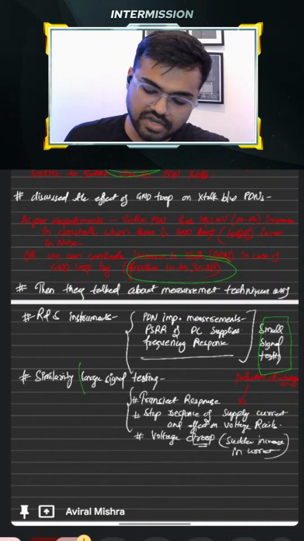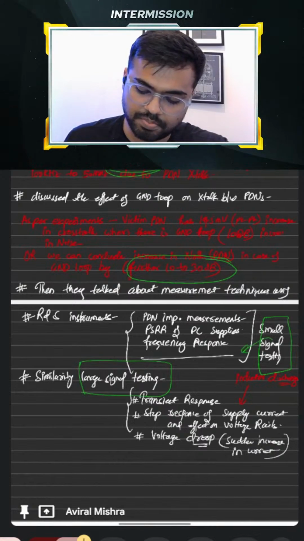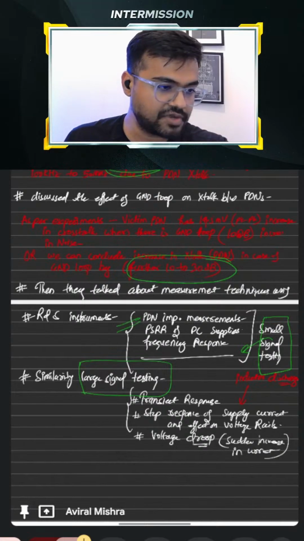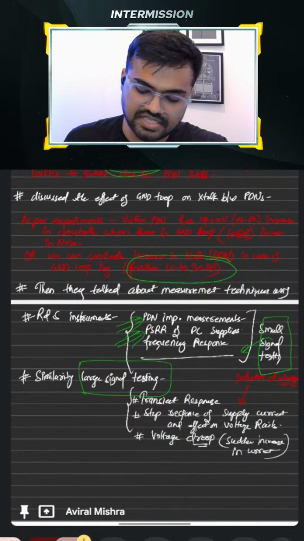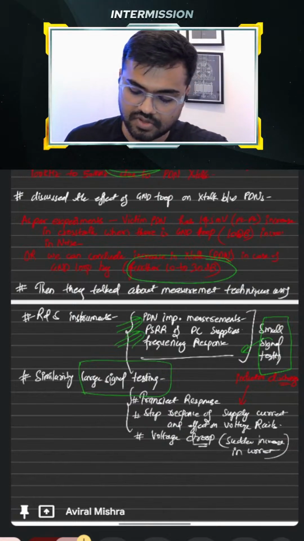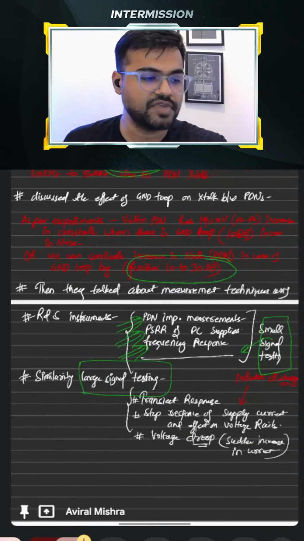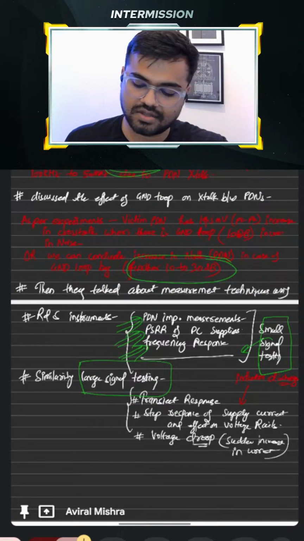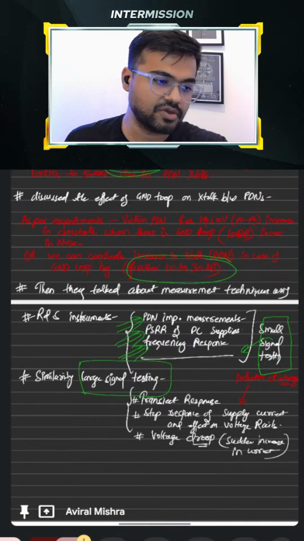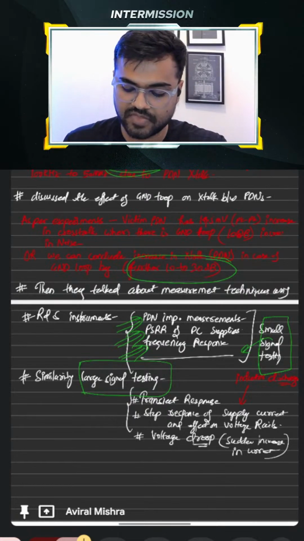Under small signal testing, we can do PDN impedance measurements of power planes, PSRR of DC supplies or LDOs, and frequency response. These are all the measurements we can do on power planes to see if they are within the limit or if something crazy is happening on these parameters.